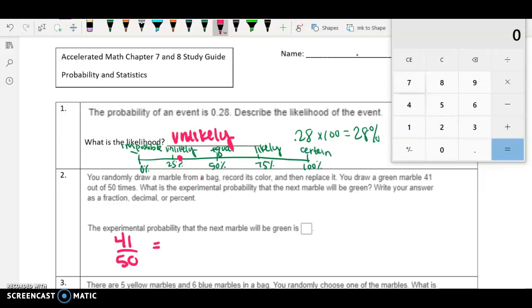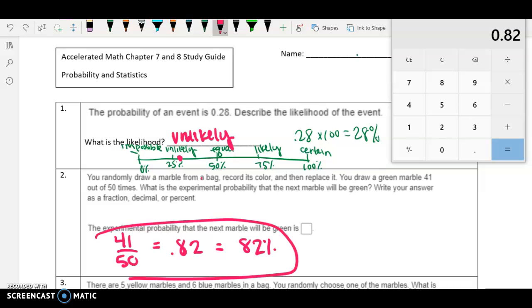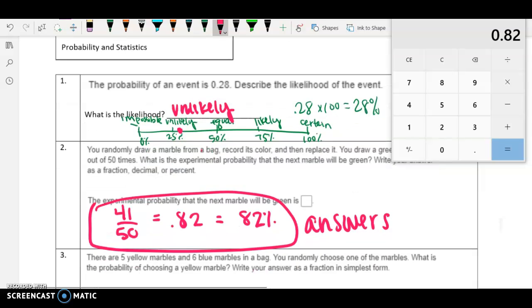So 41 divided by 50 is 0.82, which is equal to 82%. And any one of those can be your answer. So these are all answers. So you just need to pick one of those.